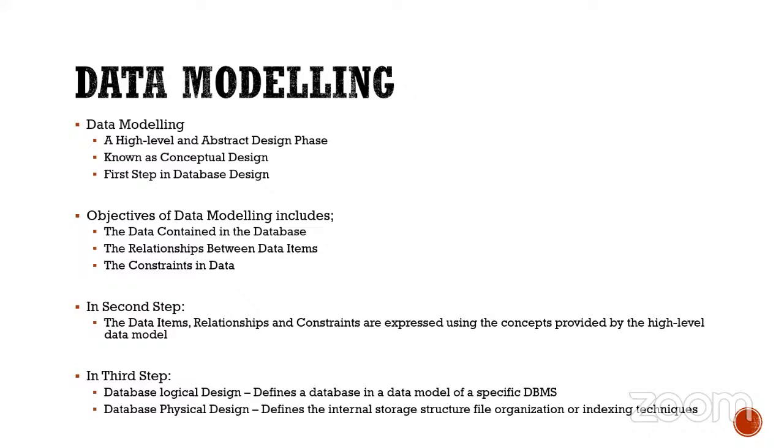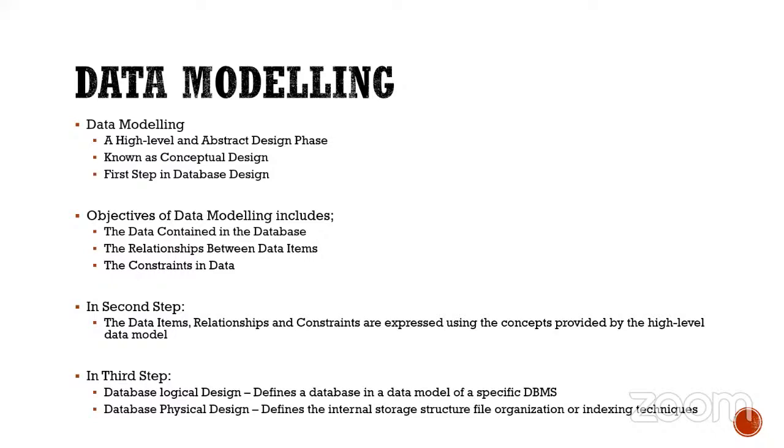The second step in your database design is basically when you are expressing the data items, relationships, and constraints using concepts provided by high-level data models. Under this second step, you are presenting a conceptual data design or diagram that shows how your data fit together.